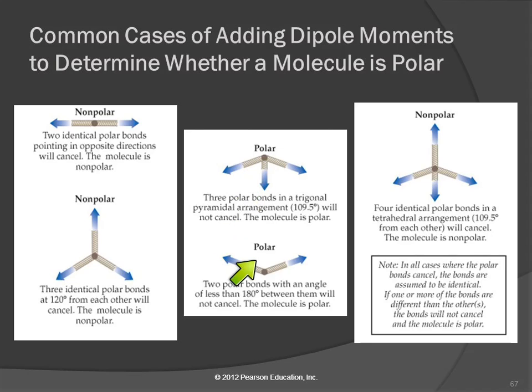These two situations where you have a bent molecule or a trigonal pyramid, you're going to have net movement, and these are going to be polar. Over here where we have a tetrahedral shape for the molecule with identical bonds, that's going to be nonpolar, because those are opposing forces.